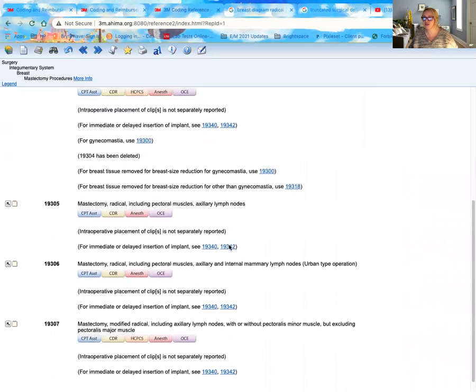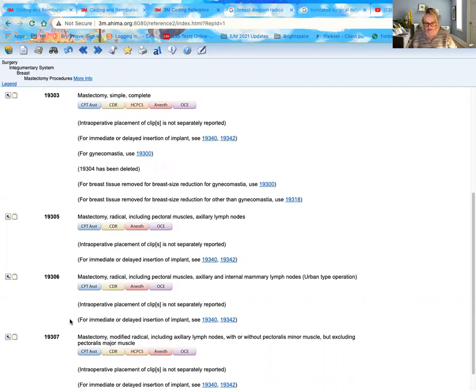We also want to look at any additional notes here under both codes now to see if there's anything else we need to add. So far I have 19307 with modifier RT. I've determined that modifier 50 does not apply. I also want to determine modifier 51 because there are multiple procedures. There's more than one.